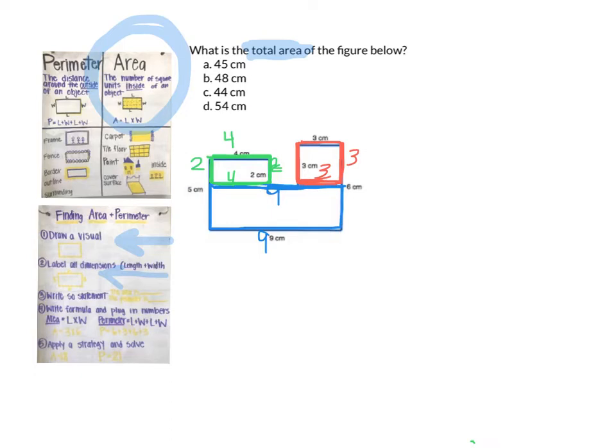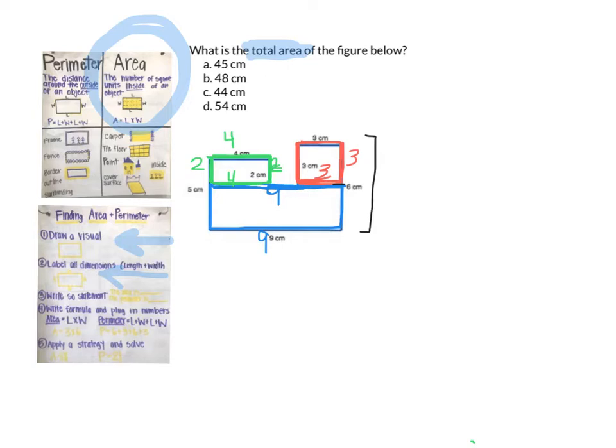Now looking on the side here, this 6 centimeters was from when we had this whole side length. Now I only have part of this side length, so this is not 6. I have to now solve for this missing side length.